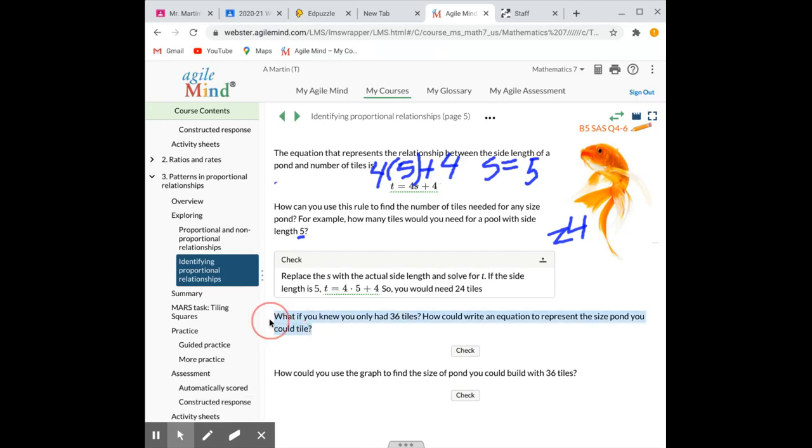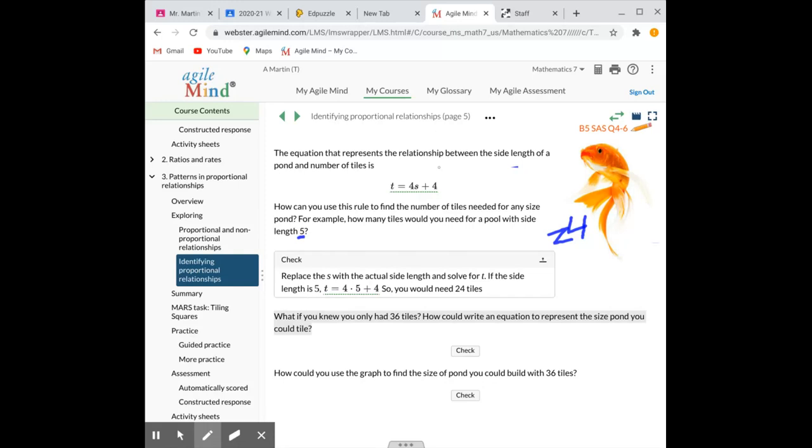Hold up right here. What if you knew you only had 36 tiles? How could you write an equation to represent the size pond you could tile? All right, so we know there's a total of 36 tiles. So what could we do? Well, if we're using this equation, what could we do since we know there's going to be a total of 36 tiles?